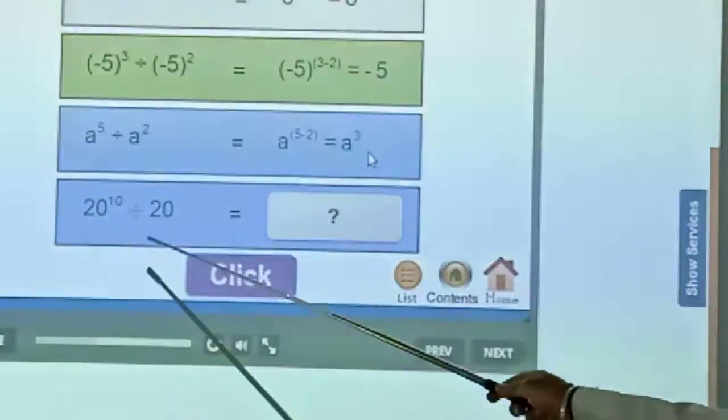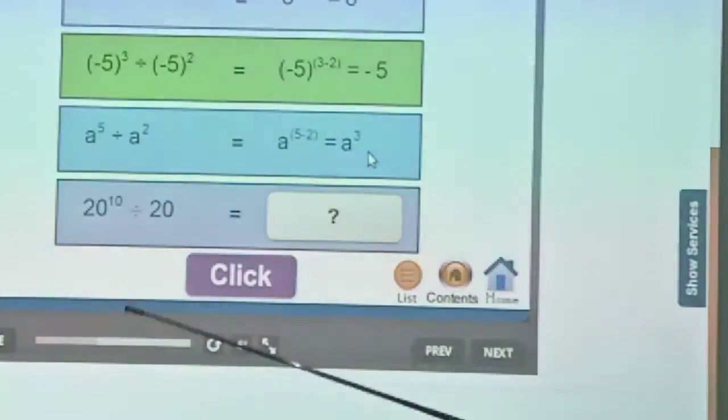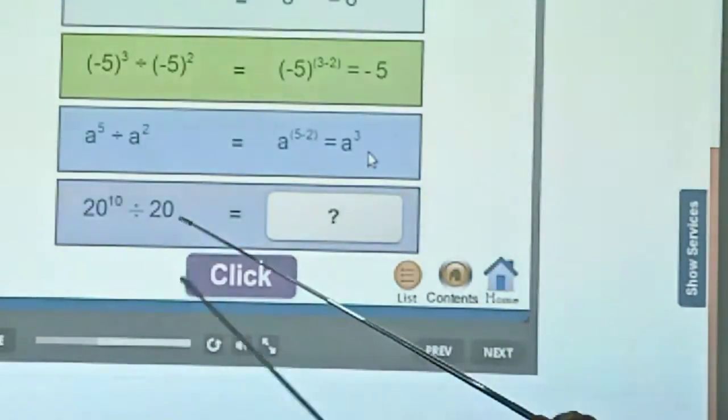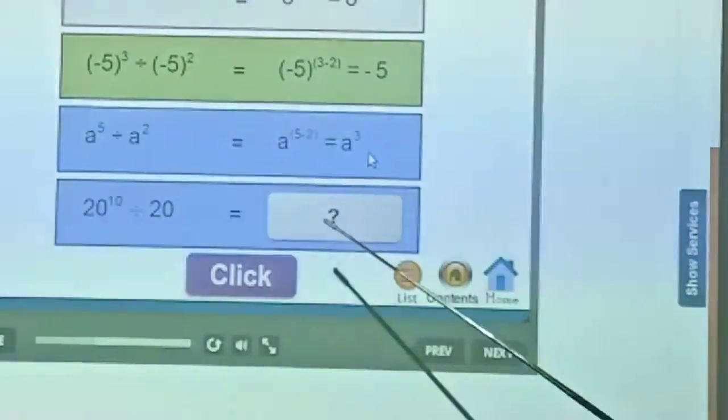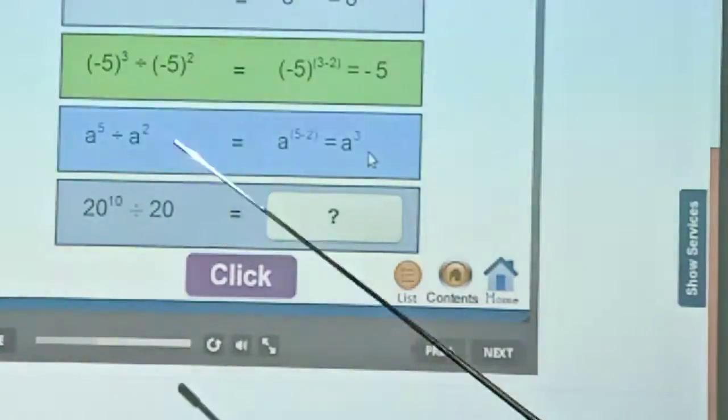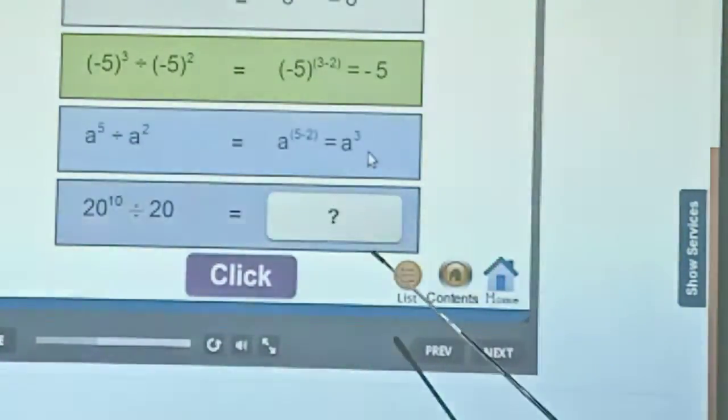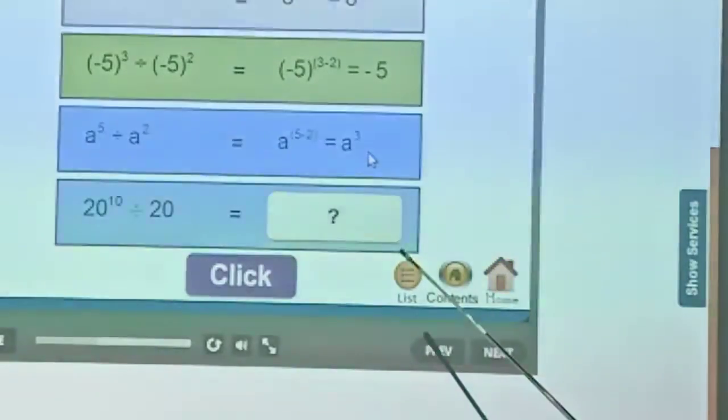Then 20 raised to the power 10 divided by 20, 20 means 20 raised to the power 1. So we will have 20 raised to the power 10 minus 1, which will be 20 raised to the power 9.